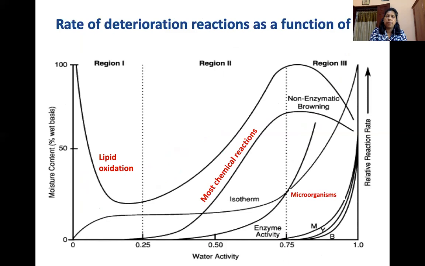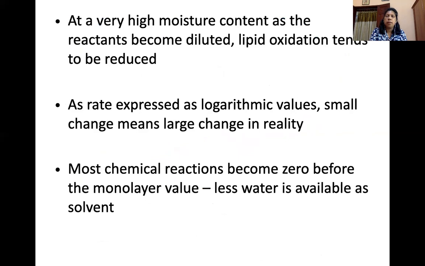It's again the same picture, the rate of deterioration reaction as a function of water activity. At a very high moisture content, as the reactants become diluted, lipid oxidation tends to be reduced. As the rate is expressed in logarithmic values, small changes mean a large change in reality, right?